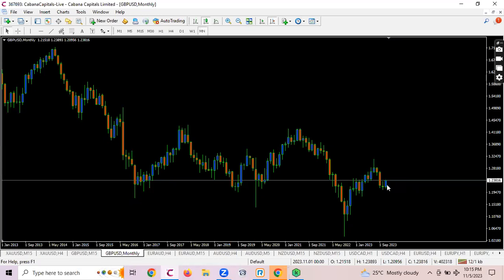If the current month, that's the month of November, closes bullish, then we should expect more bullish move on GBP USD. Now, based on the formation we have here, we cannot conclude that GU is bullish. It is after the close of the current month candle that we can conclude that GU is bullish, okay?